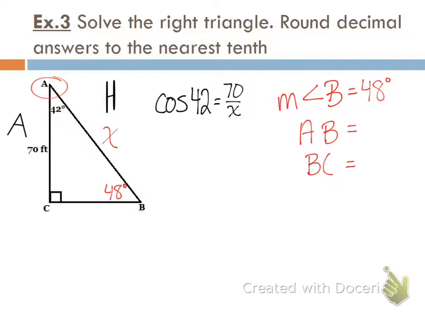Caleb? I did opposite on that one. Did you use 42 degrees? Yeah. For that one, were you finding the hypotenuse or you finding BC? BC. Okay, so you're not doing the same problem we're doing. So that would be a different setup.